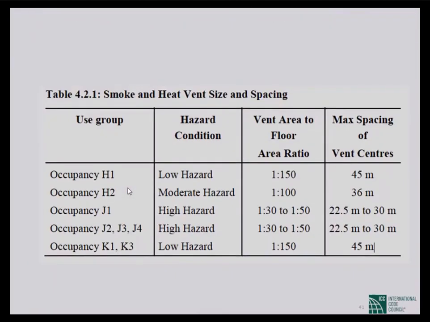These are some vent areas you see: depending on the occupancy type and the hazard condition, the ratio of vent to floor area and the maximum spacing between vents are all written here. Whenever you design, you have to take the values from here.